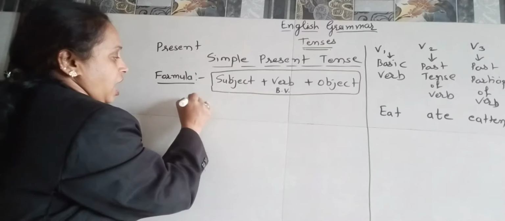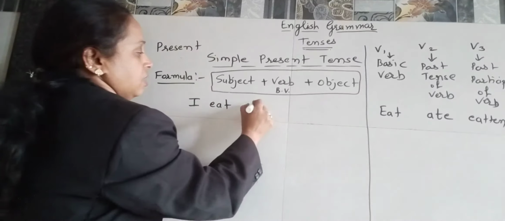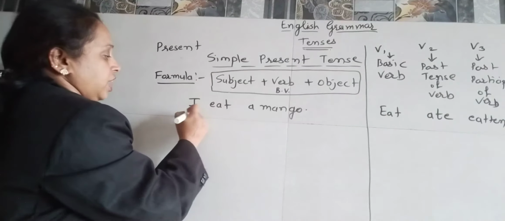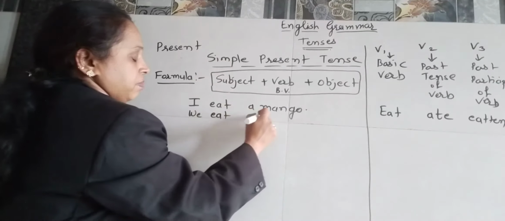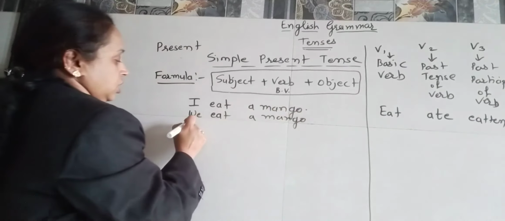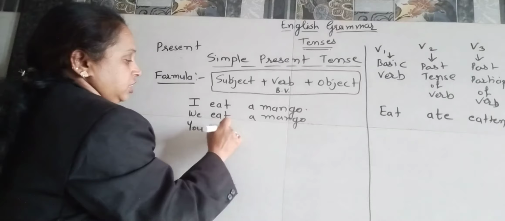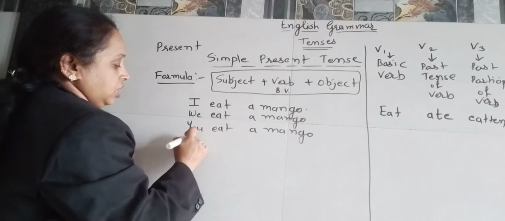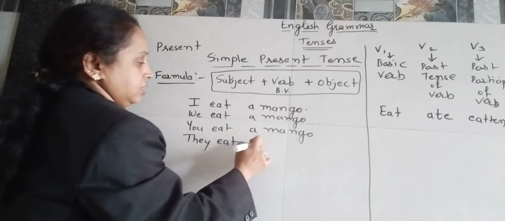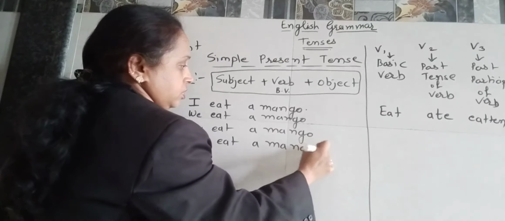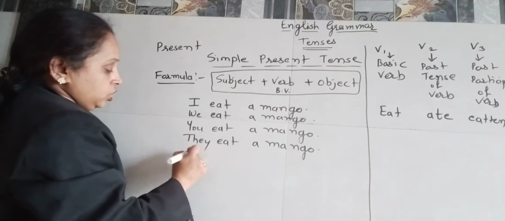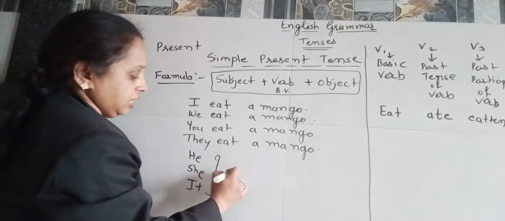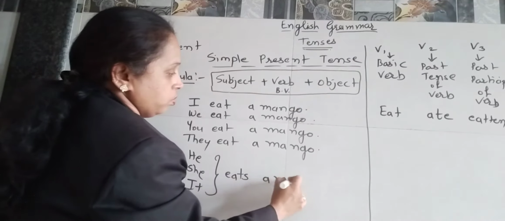Correct. Suppose I eat a mango. We eat a mango, you eat a mango, they eat a mango, and he, she, it eats a mango.